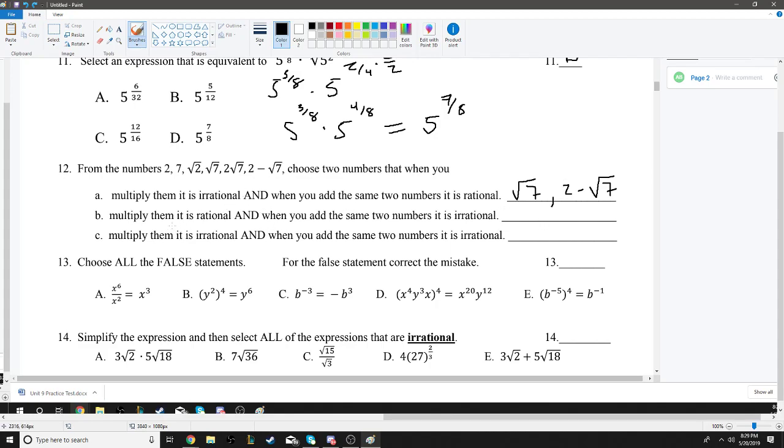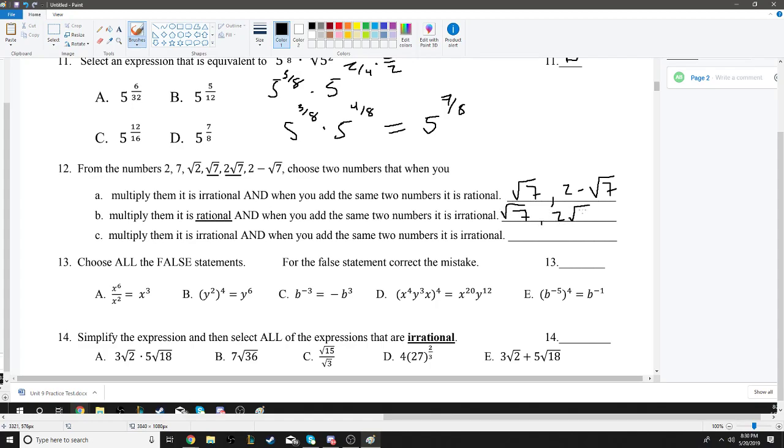So for B, we need to multiply them to be rational. So they need to multiply to get rid of a root. And when you add the same two numbers, it is irrational. So this one's kind of an easier one. You just have to pick two with the same root under them. So again, let's do √7 and 2 √7.